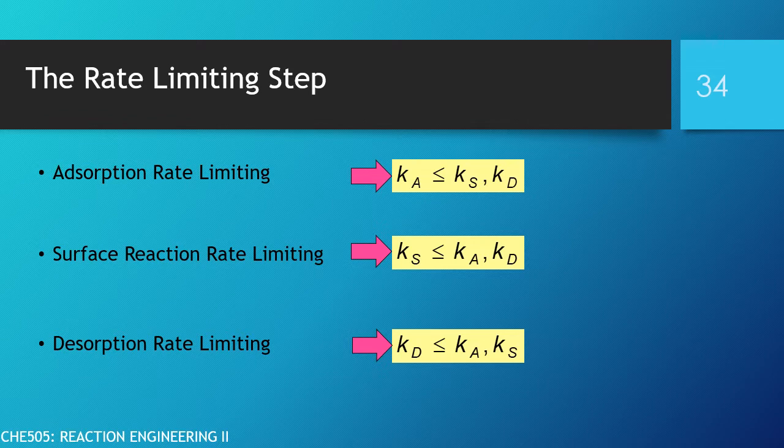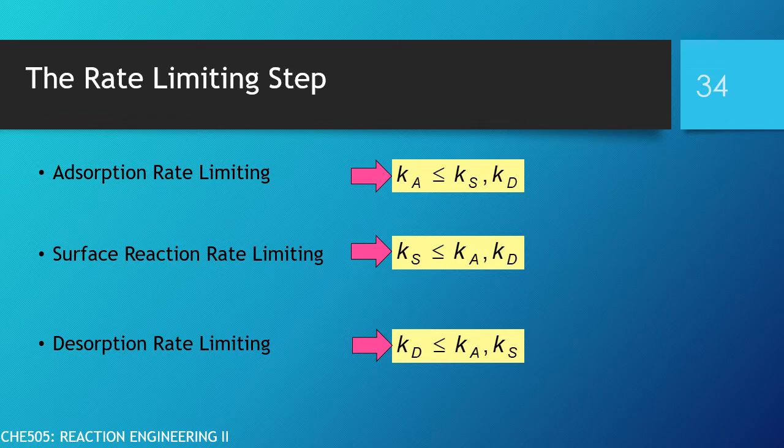So when the adsorption step is very slow, the surface reaction and desorption reaction are much faster. Similar for surface reaction rate limiting. In this case, the rate constant for surface reaction is very small compared to the rate constants of adsorption and desorption, meaning that the surface reaction occurs very slowly compared to the adsorption step and desorption step.